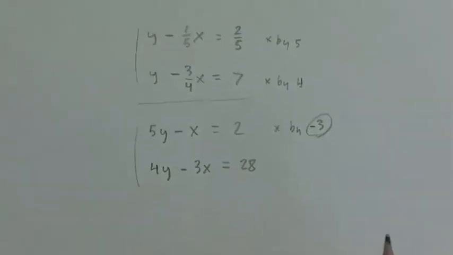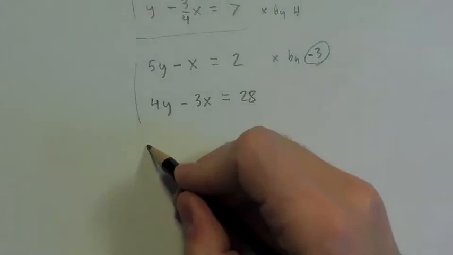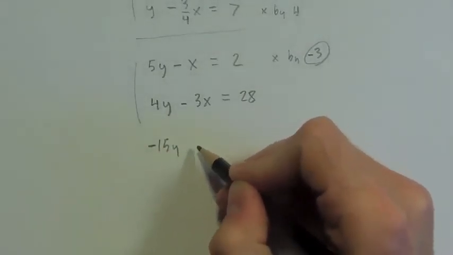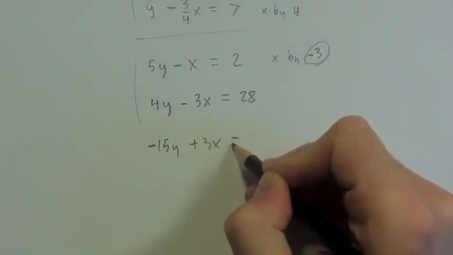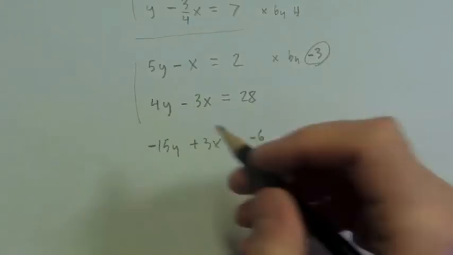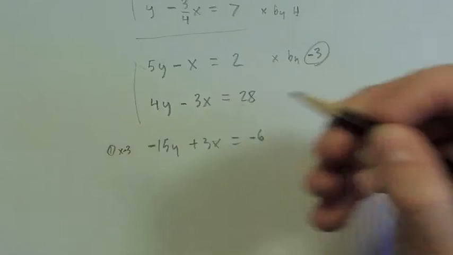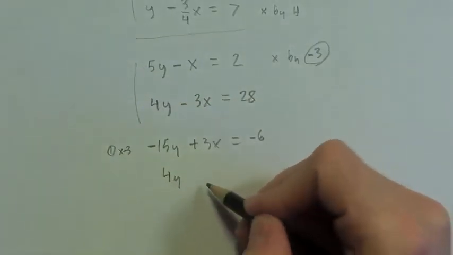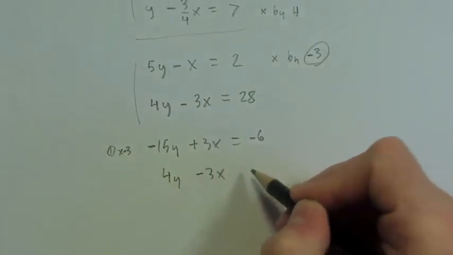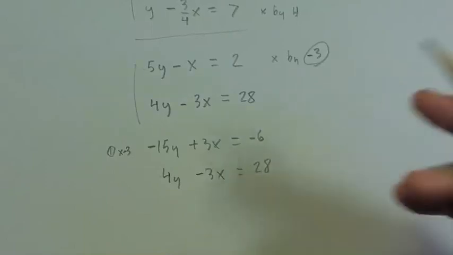So I'll do that down here. I'll get negative 15y plus 3x is equal to negative 6. So this is our equation 1 now times negative 3. And then I'll have 4y minus 3x is equal to 28.